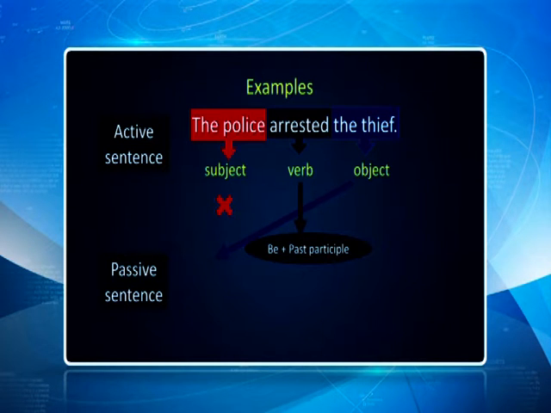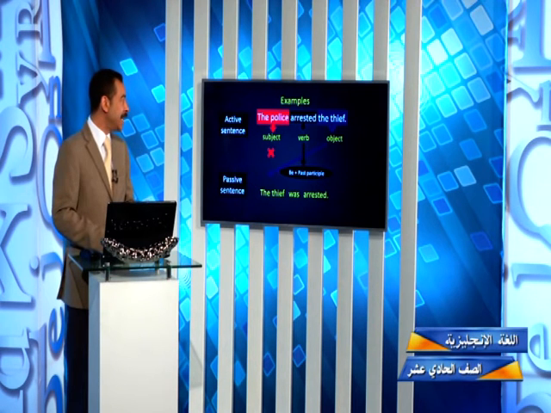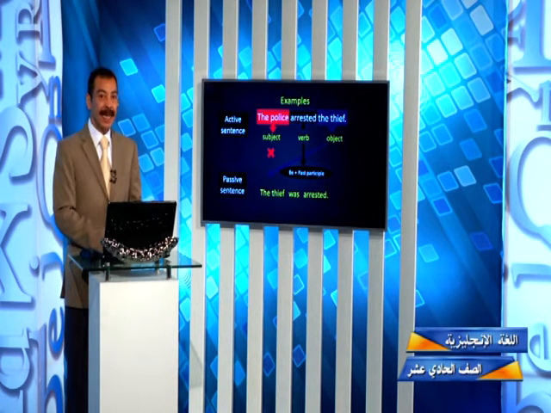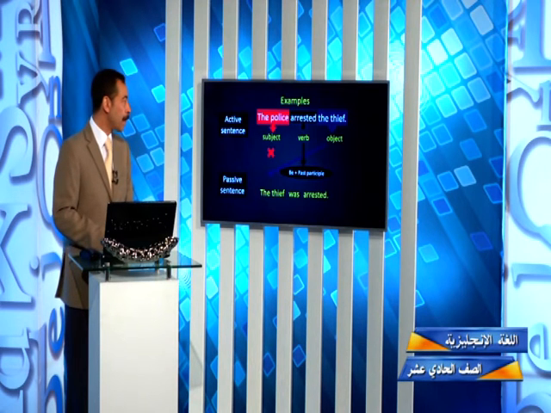So the object comes first, it becomes the thief, and then be in the past simple plus past participle becomes was arrested. And the final passive sentence is the thief was arrested. Of course, the police here is not needed because we understand that the thief was arrested by the police, not by other people.